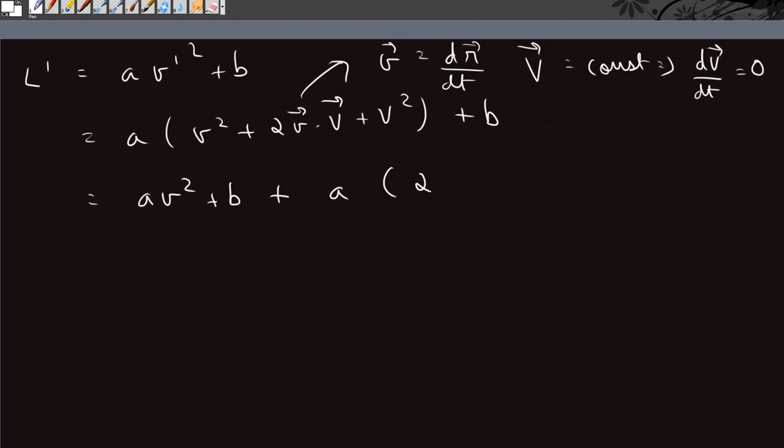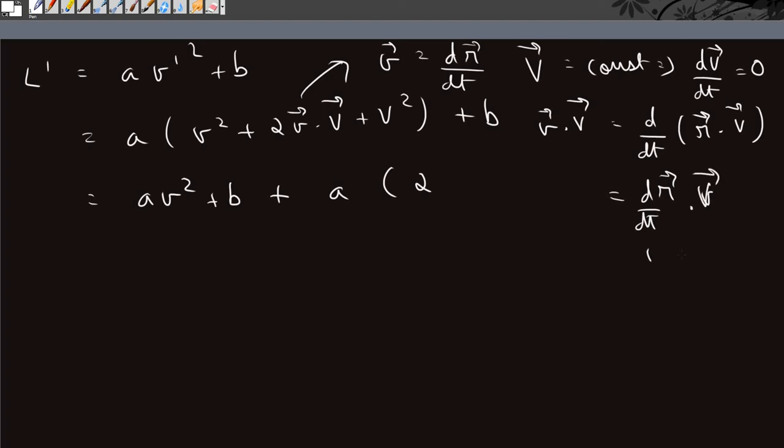So I can write V dot v as d by dt of r dot v, which is d by dt times r dot v plus r dot dv by dt.